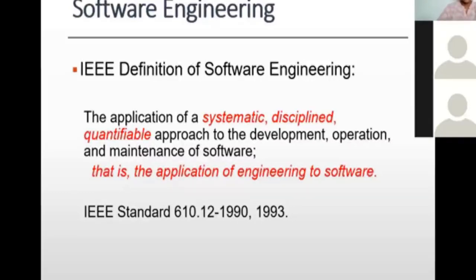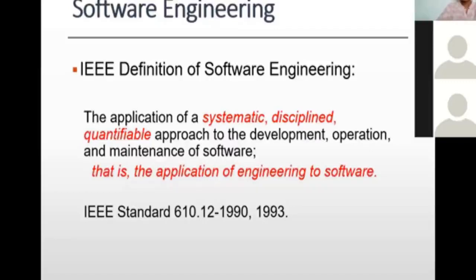Here we are saying software engineering is the application of a systematic, disciplined, and quantifiable approach. Why are we saying it's systematic? Because we are not going to do it in our own way, the way that we like.